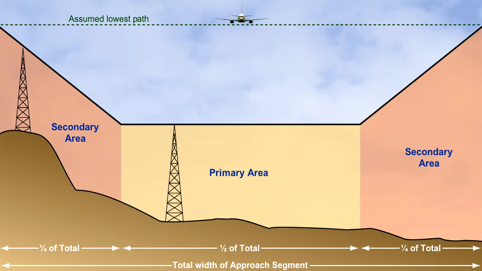Without an FAF, 90 metres, 295 feet is guaranteed. The MOC is provided for the whole width of the primary area, and in the secondary area, MOC is provided at the inner edges, reducing to 0 at the outer edges.